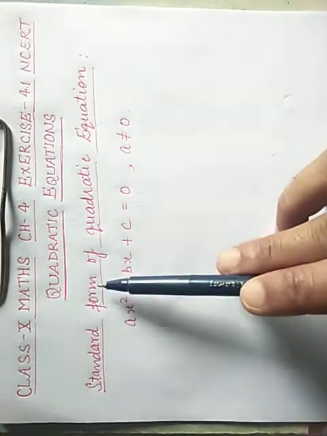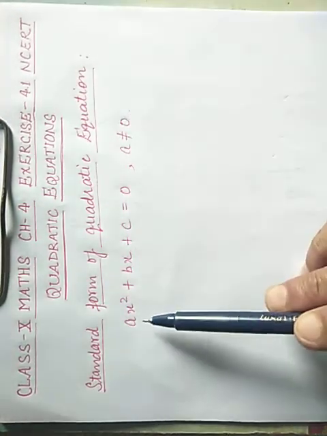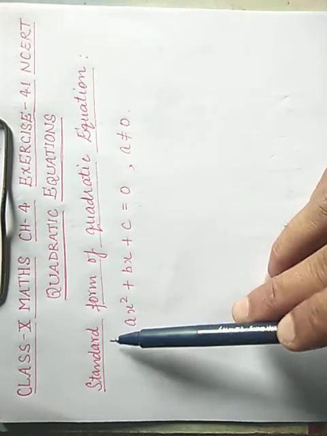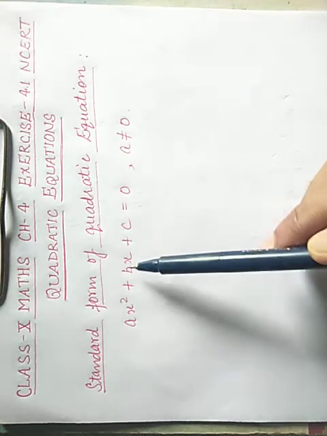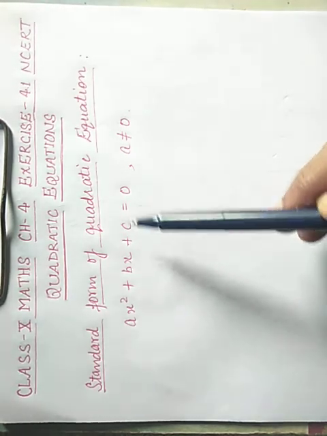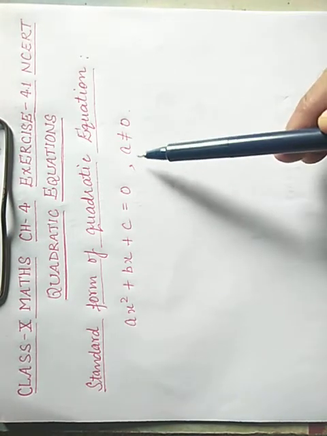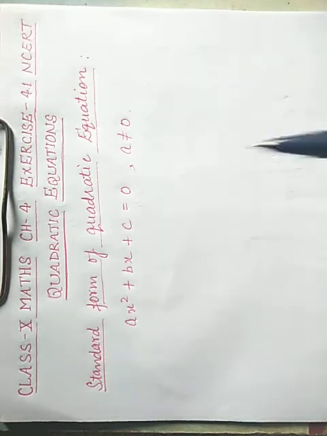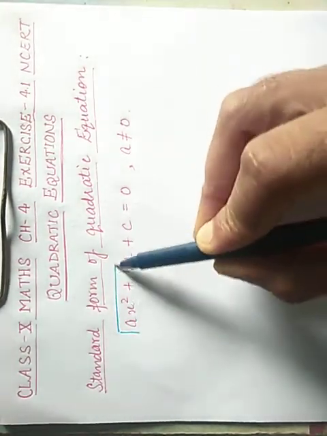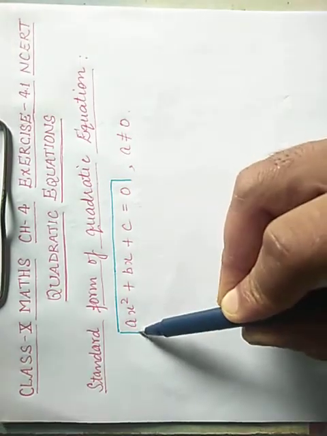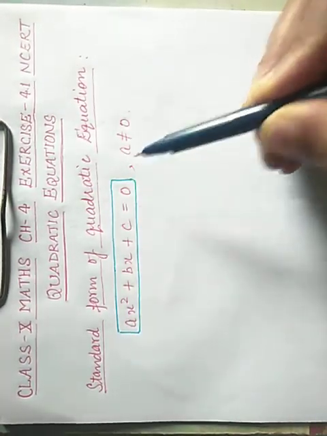The standard form of a quadratic equation will be ax square plus bx plus c is equal to 0, where a should not be equal to 0. So this given equation of the form will be a quadratic equation.